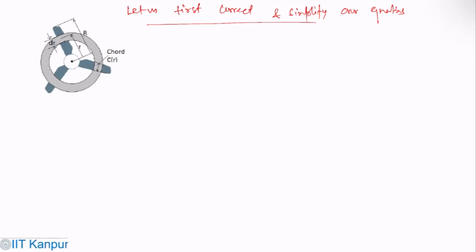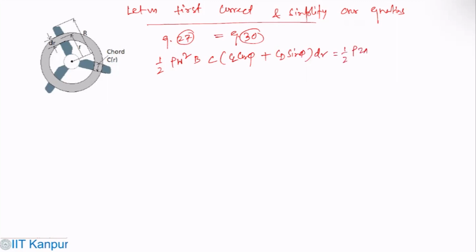So now first we will write equation 27 equals to equation 30. So what it is there, half rho W square B C into CL cos phi plus CD sin phi into dr equals to half rho 2 pi r dr u infinity square 4a 1 minus a.